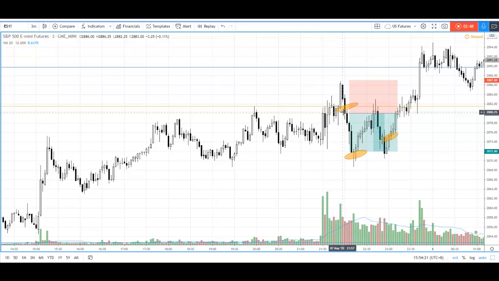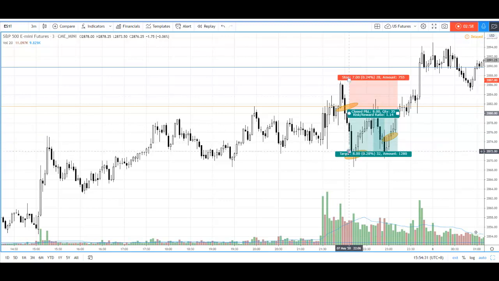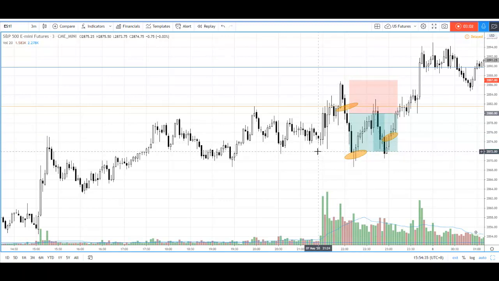This is where I initiated the short entry, with a stop loss just above the swing high here. And you can see that we have a reaction and hit the localized support level at 2870.